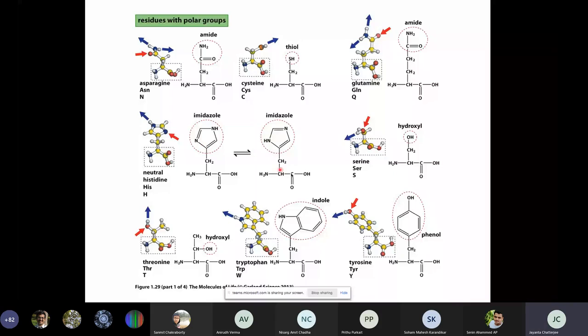Likewise, you also have hydroxy groups. Now you would recall that we were studying O-linked glycosylation, right? O-linked glycosylation is present on serine and threonine. So this is serine, you have a CH2OH group, and in threonine, instead of a CH2OH, you have a CHOH, and one of the hydrogens is replaced by a methyl group.